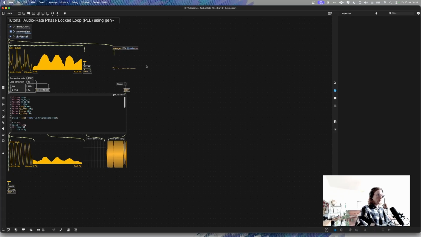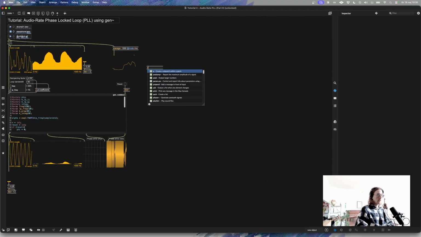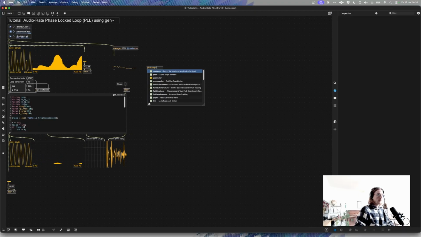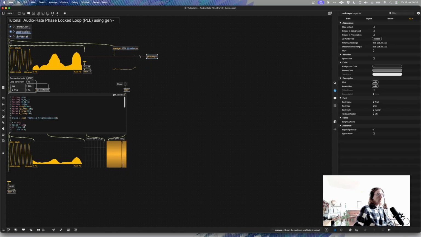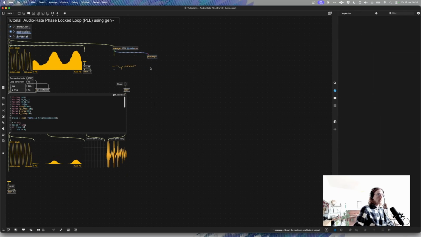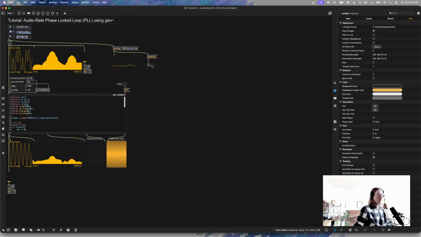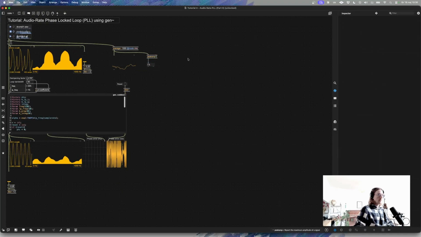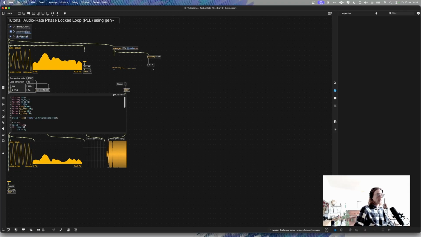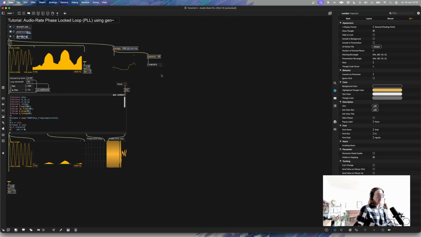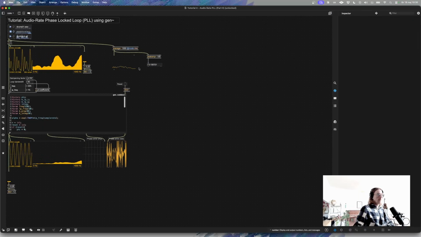One thing we can also add to this is the peak amp object, which also takes an interval. Let's maybe use 100 milliseconds. And now we will output the peak value of this signal over the past 100 milliseconds.